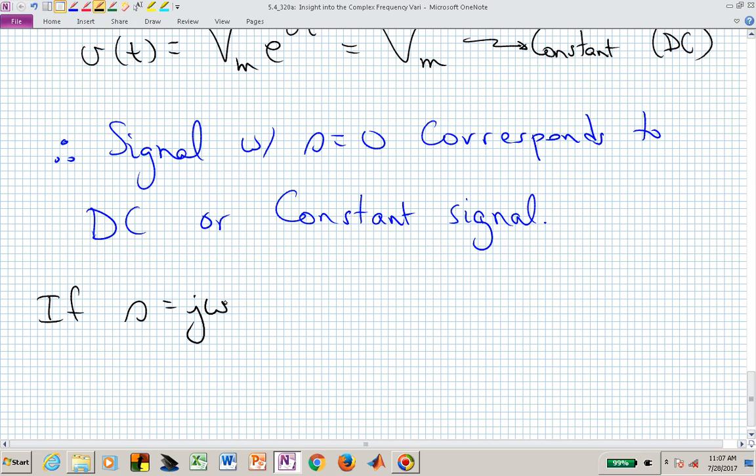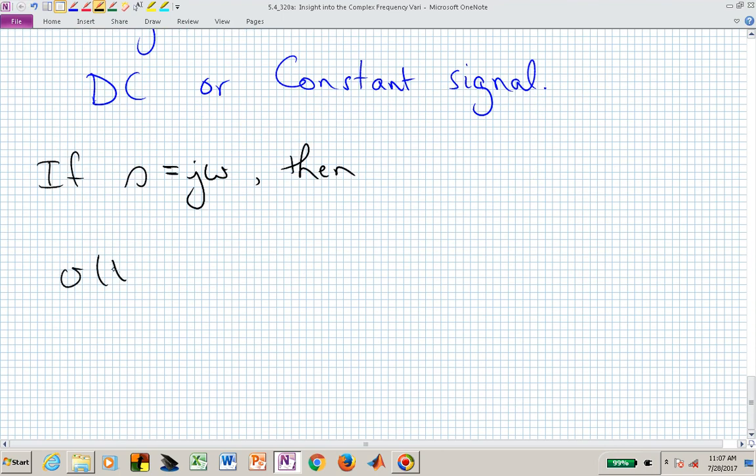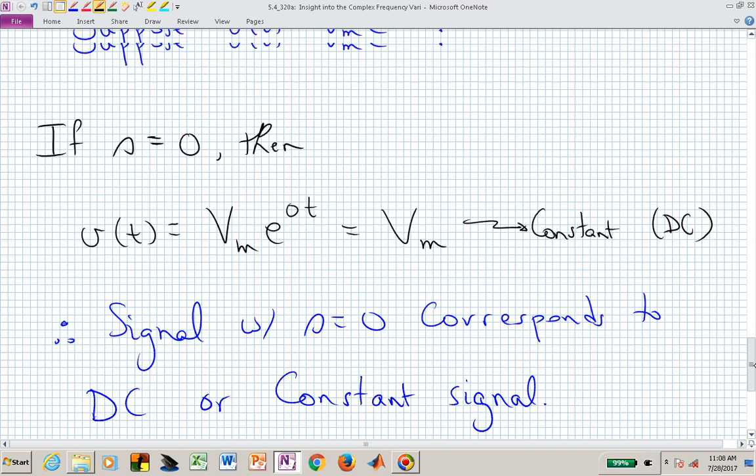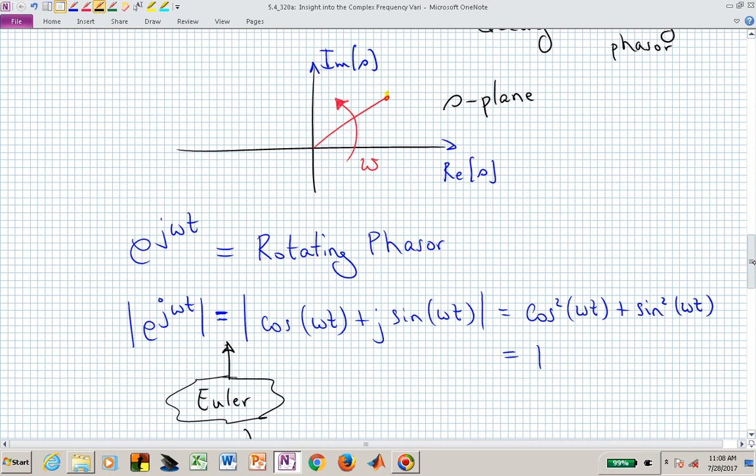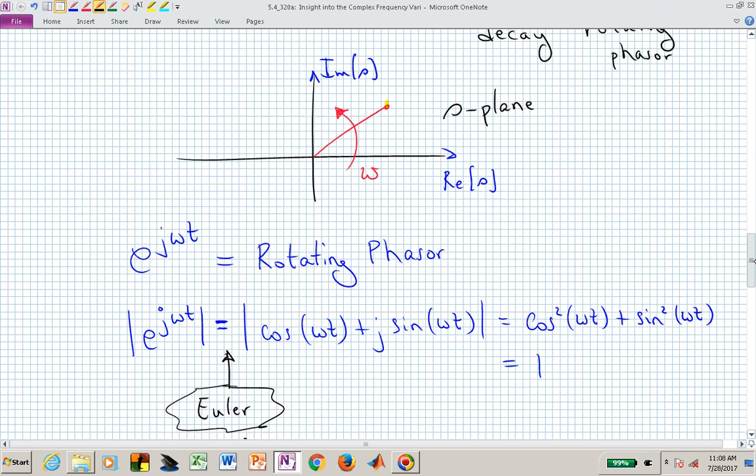Suppose now we let s be purely imaginary and just be j omega. Then if we look at another hypothetical time domain waveform, little v of t, that's v sub m e to the st, which is j omega t, and we just talked about e to the j omega t. In this case, what did we have? That was just a rotating phasor.